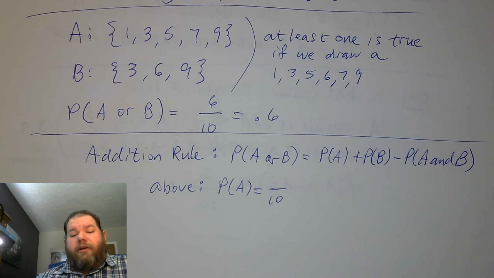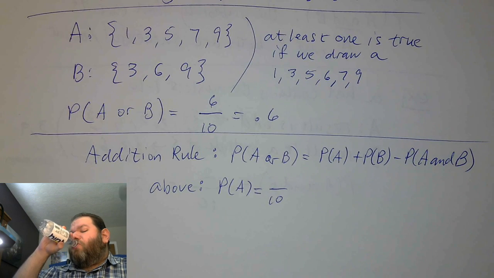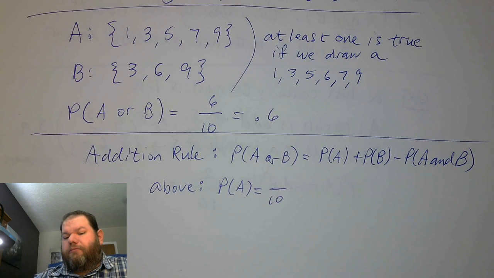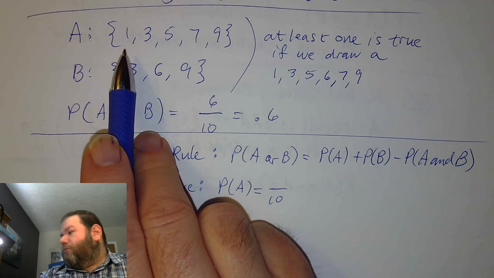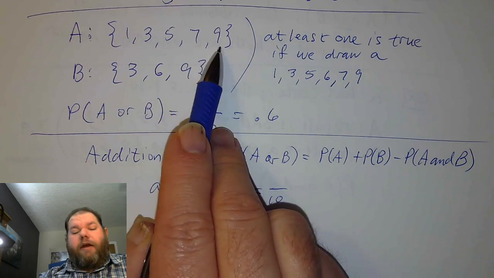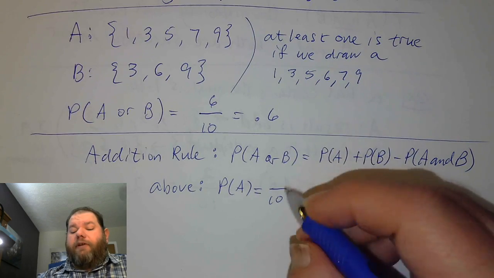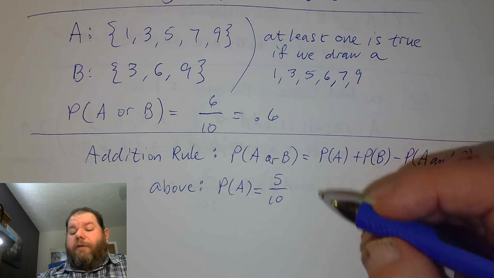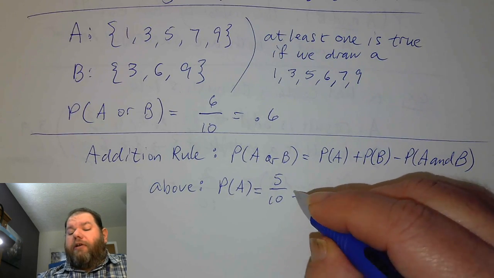So how many different numbers could we pick that would make event A true out of the 10 total? Five. Yeah, 1, 2, 3, 4, 5 terms here. There's a 5 in 10 chance that A is successful. So the probability of A occurring is 0.5.